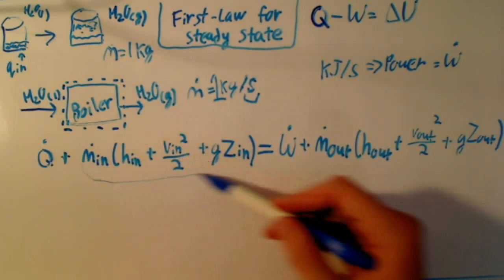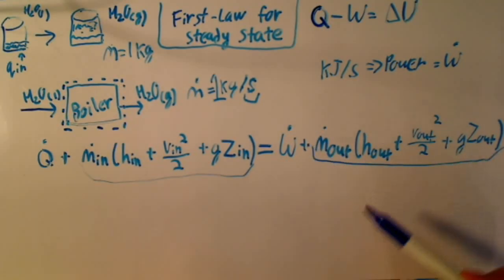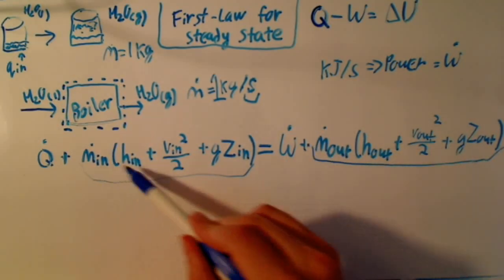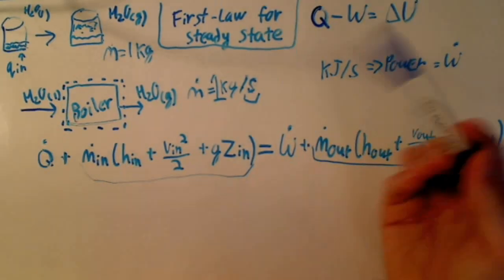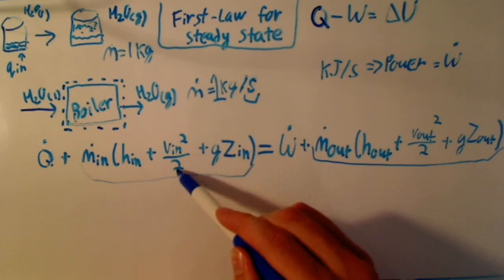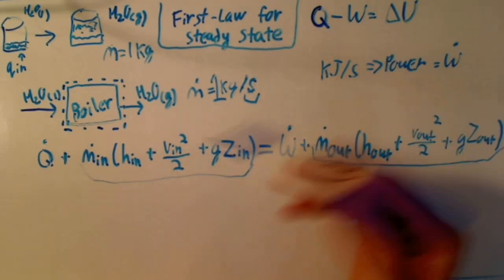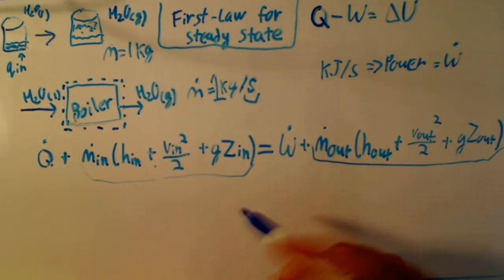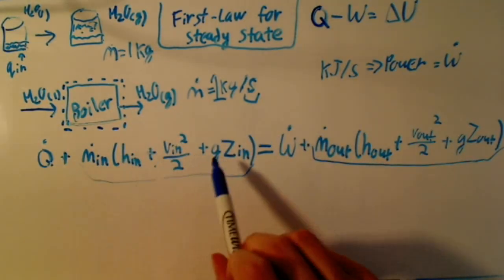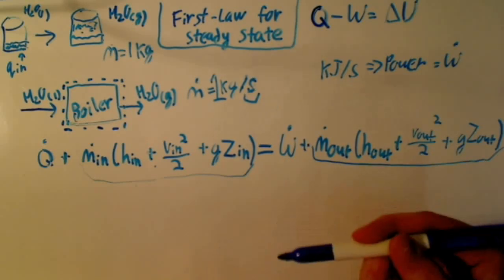This is really just a comparison of energies. Mass times enthalpy is energy, that's heat. Mass times velocity squared over 2, that's the formula for kinetic energy that we did all the way back in physics. And mass times height times the gravitational constant is the formula for potential energy.